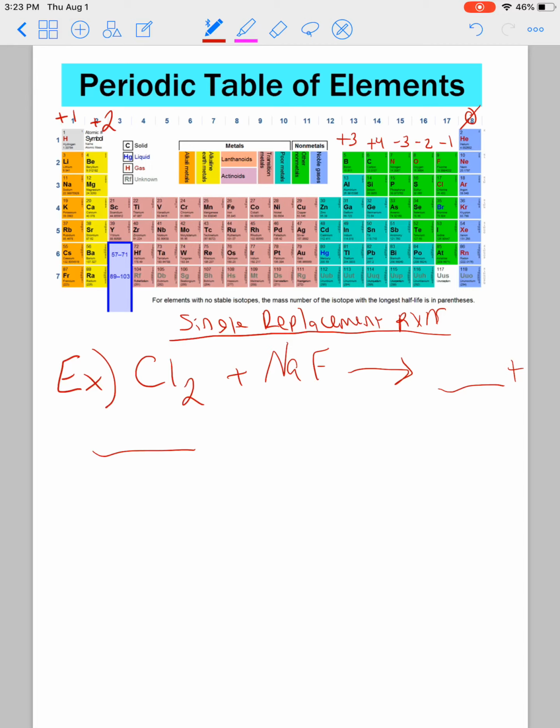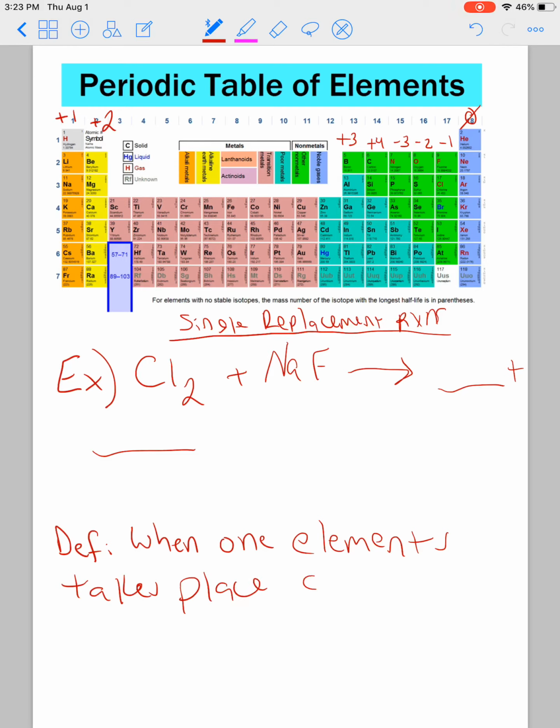Now, in order to do this, we must recall the definition of what a single replacement reaction is. So the definition of a single replacement reaction is when one element takes place of another element with a like charge.